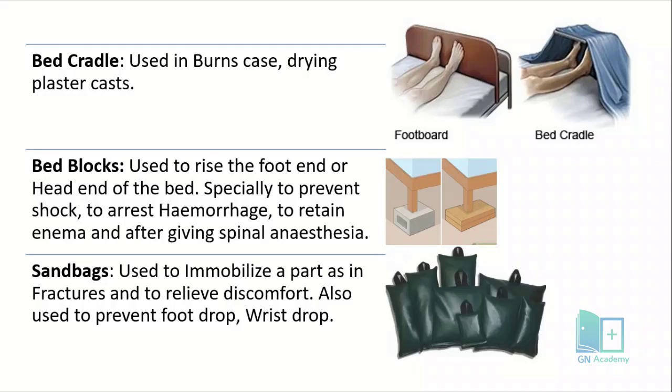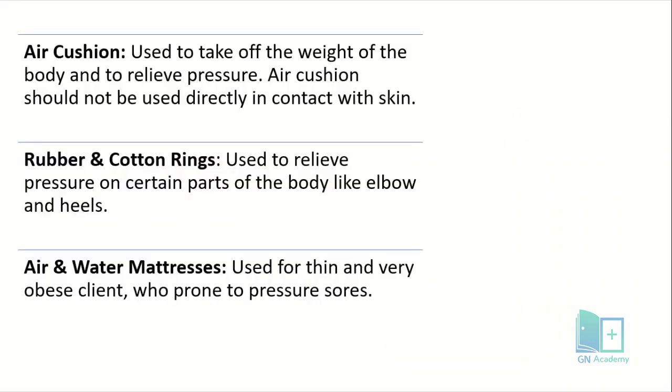And coming to the next, other comfort devices like the air cushion. As you know, this is a very common device we can use for home purposes also. These air cushions are very helpful for taking the weight off a particular body part and help to relieve the pressure.